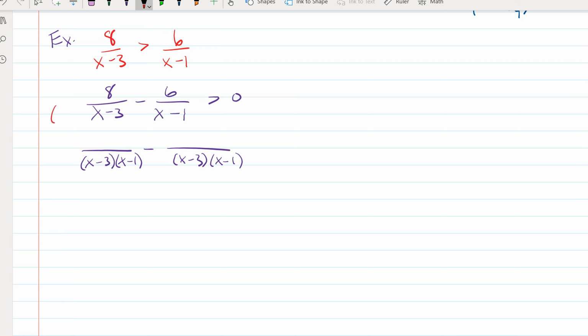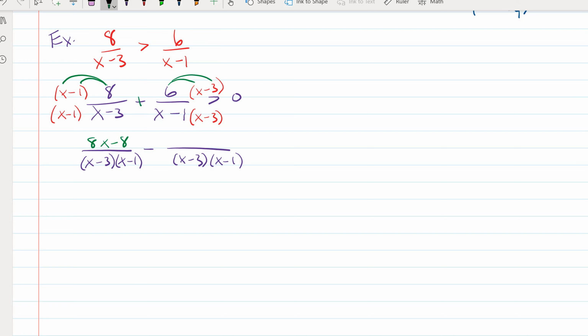So I need to multiply this first fraction by x minus 1 so that the denominator matches our new denominator. Multiply the second one by x minus 3 so that this denominator matches the new denominator. Now we're going to distribute. So we'll get 8x minus 8.